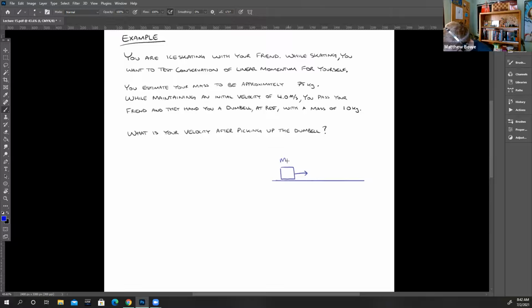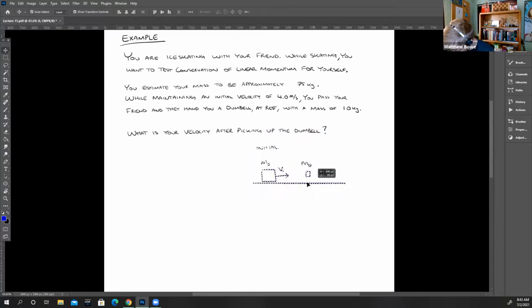We'll say it's the mass of the skater, m sub s, the mass of the skater. This is the velocity of the skater, and we'll say this is the initial situation. And there is this smaller mass, the dumbbell, that's just sitting here. Mass of the dumbbell, it's just sitting there.